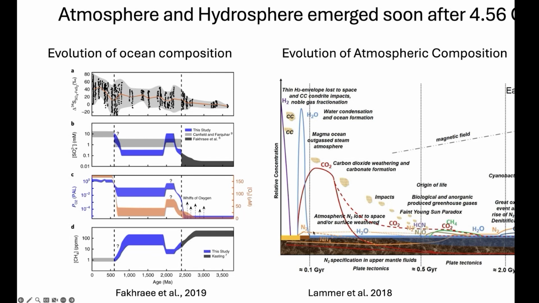You can see that the early Earth atmosphere is thought to have been very rich in carbon dioxide and fairly rich in nitrogen, but not as rich as it is today. But oxygen starts to grow in the atmosphere beginning about 2 billion years ago.